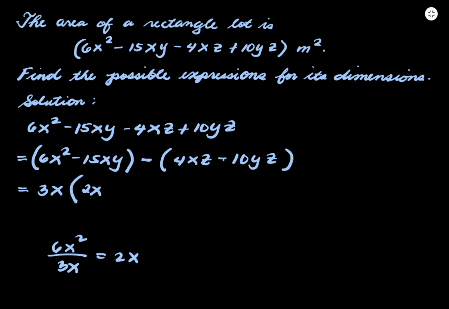And then divide 15xy by 3x: 15 divided by 3 is 5, and we can cancel out x. So we have 5y, so minus 5y.